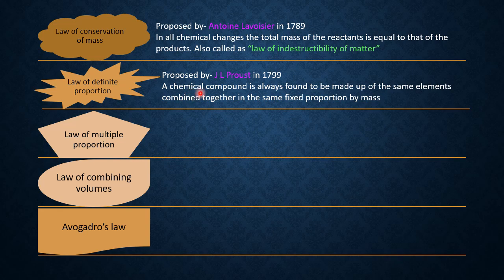Whether you collect water from the borewell, the river, the ocean, or the rain, the source is not important. When I say water, I mean pure water. In pure water, the ratio of O to H is 8 to 1, or H to O is 1 to 8 by mass.